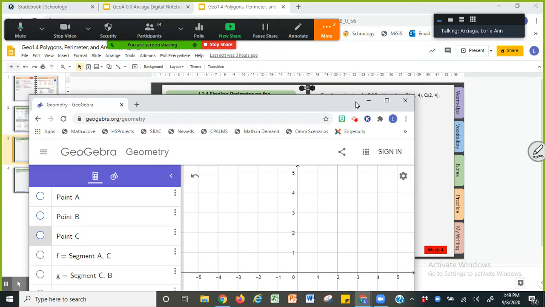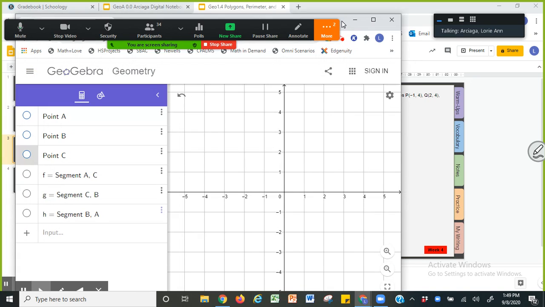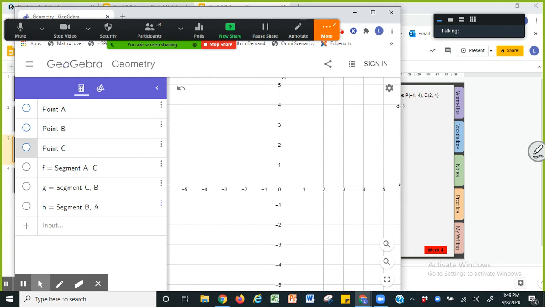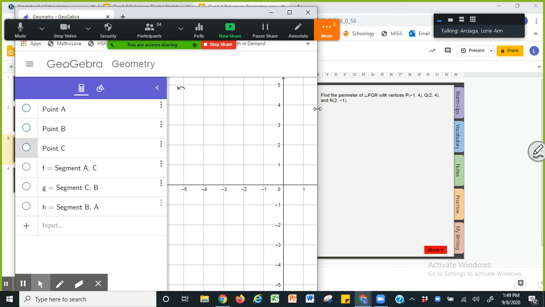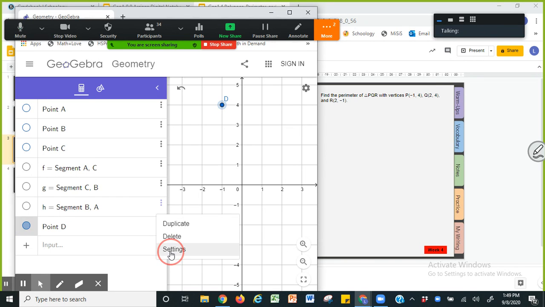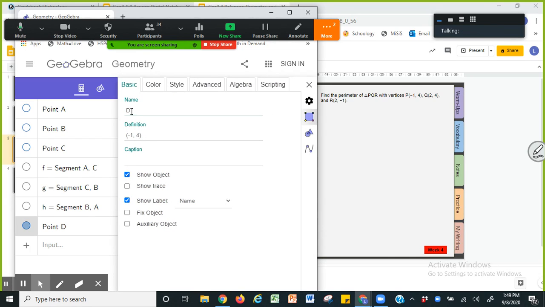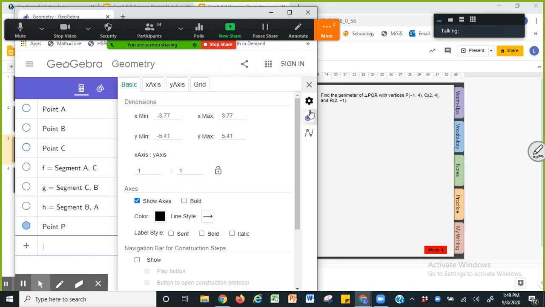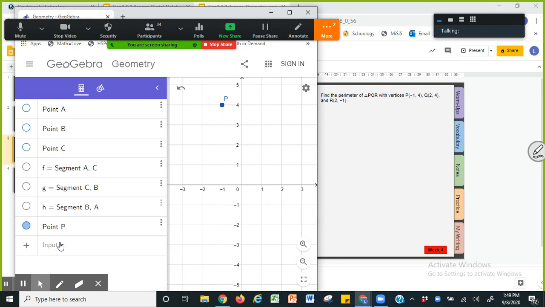I was wondering if we could change the letters. Have you figured that out? Do I need to double click to change the label of the letter? So -1 for, maybe settings. Okay, I want it to name P. There. Then 2, 4.